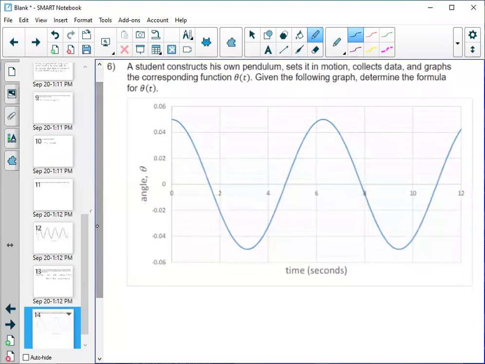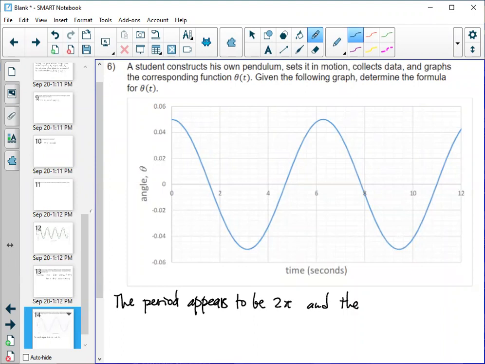And we could say that the period appears to be 2 pi.